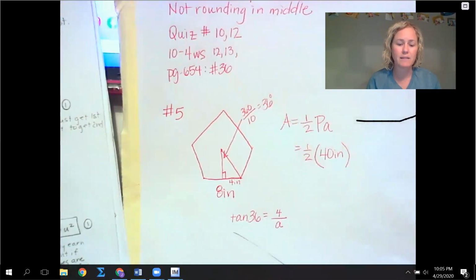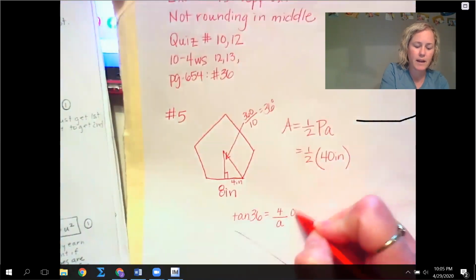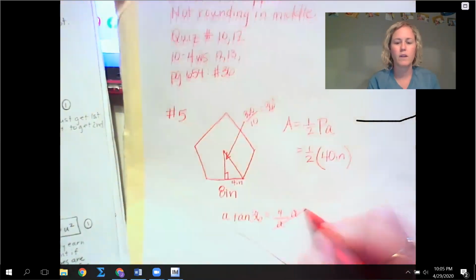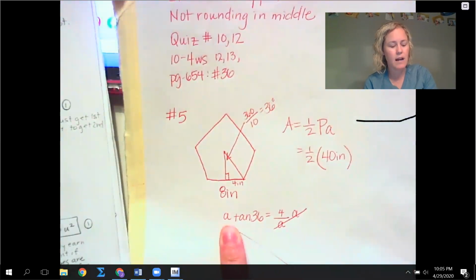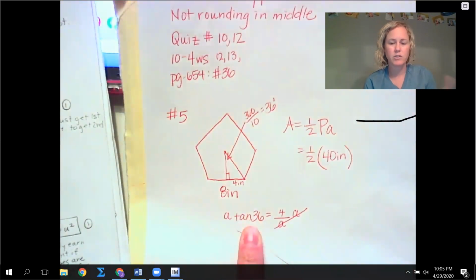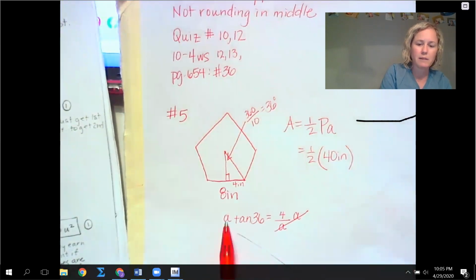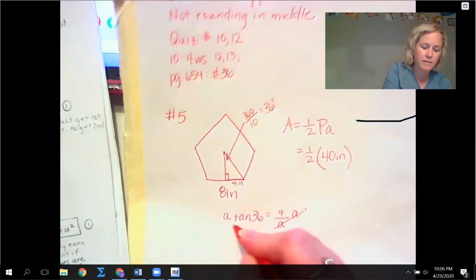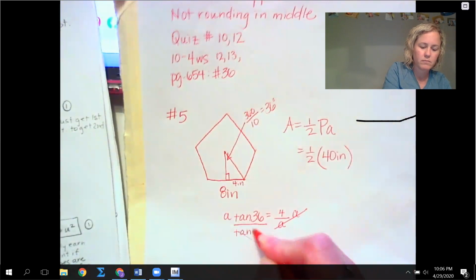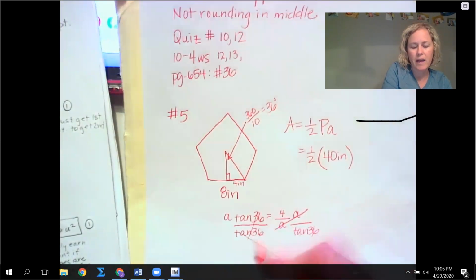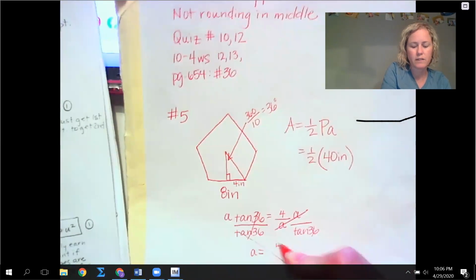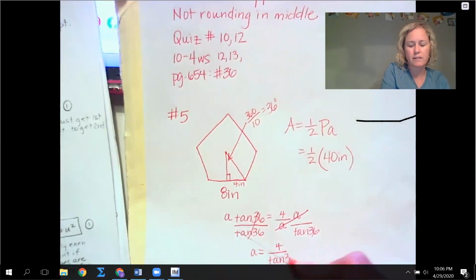And then to get A by itself, we're gonna have to multiply both sides by A. Okay, here's A now. It's still not by itself. I need to get rid of tangent 36, which is just a number being multiplied by A. So I'm going to divide by it. So we end up with A equals 4 over tangent 36.